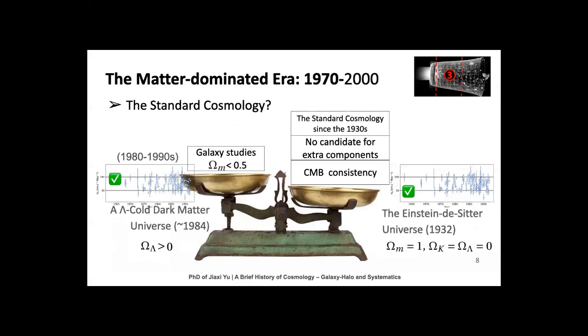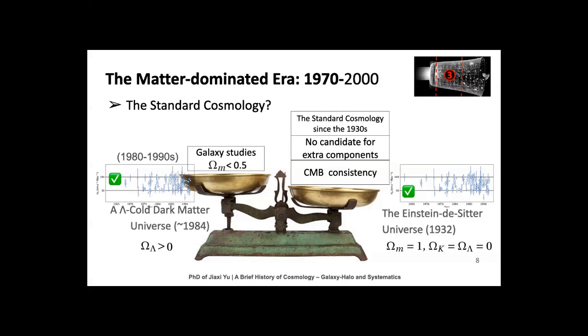There's been a big question between 1970 and 2000 of what are the various components of the universe. What are these omegas? On one side, you have the standard cosmology model with no extra component, which is consistent with the Big Bang temperature. And then more and more galaxy studies were showing that omega m was certainly larger than 0.5.